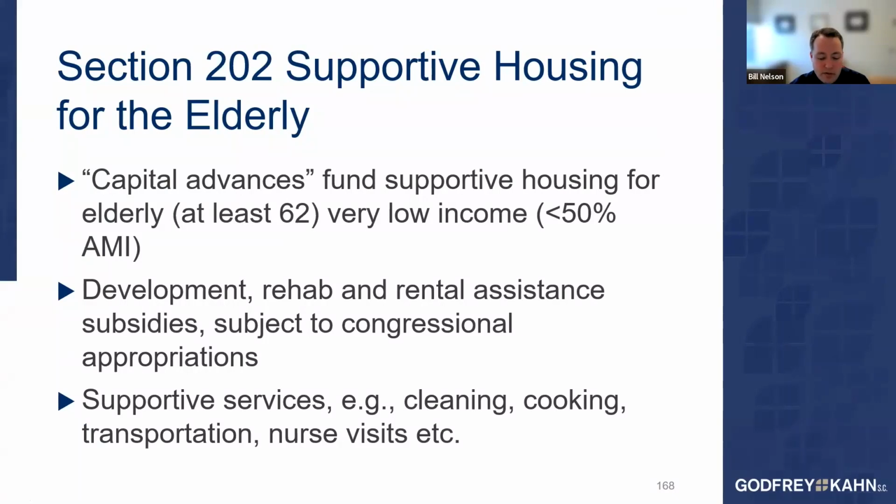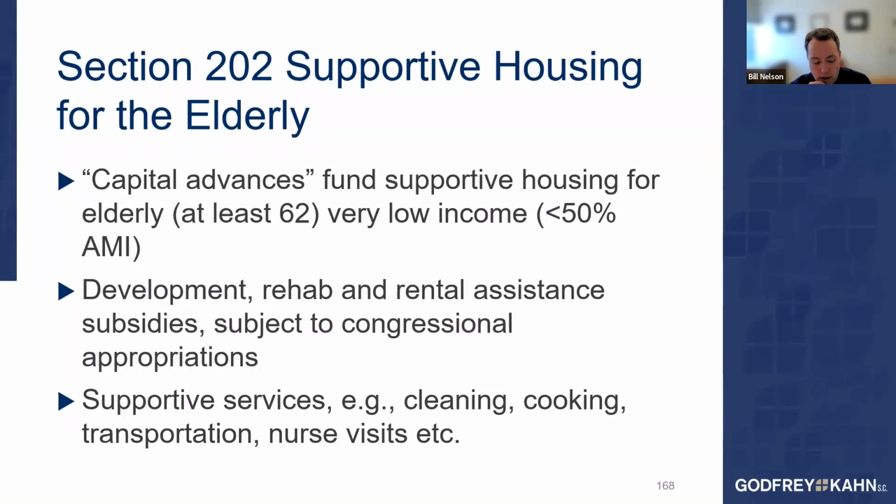It provides capital advances. That's what HUD calls them, but they're basically just grants. These capital advances are for elderly people aged 62 and over with very low income, and that means under 50% AMI, or area median income, which is a term we use over and over again for determining eligibility. Funds can be used for the development or rehabilitation of existing housing, or rental assistance subsidies.